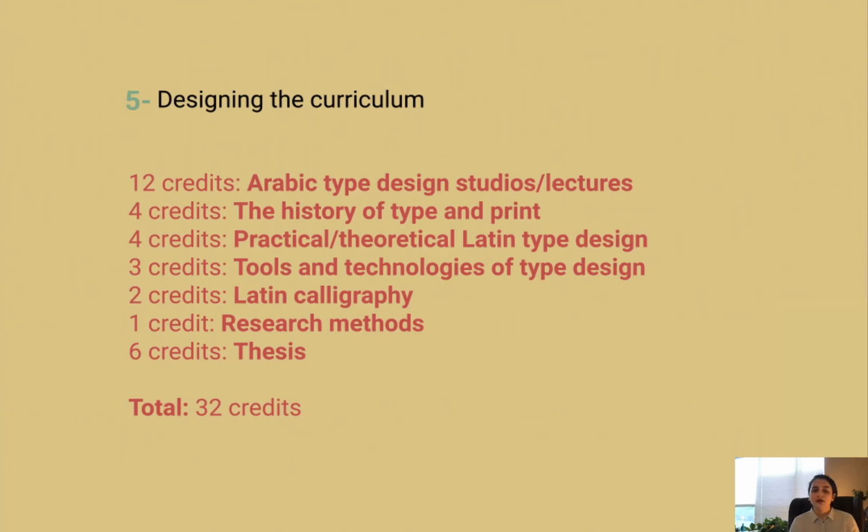As I said, I made some changes in those curriculums and information, and I created my own curriculum. My own curriculum has 12 credits for teaching Arabic type design studies and lectures, 4 credits for the history of type and design, 4 credits for practical, theoretical Latin type design, 3 credits for teaching tools and technologies of type design, 2 credits for Latin calligraphy, 1 credit for research methods, and 6 credits for thesis, total 32 credits.